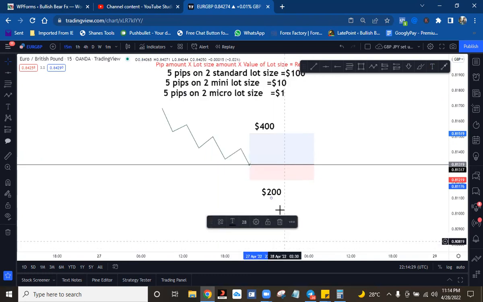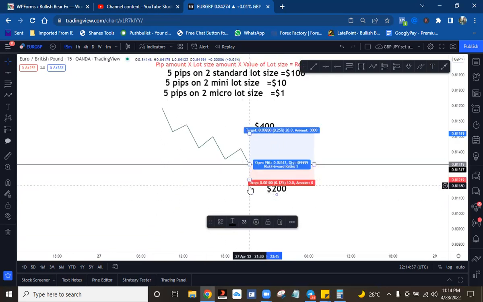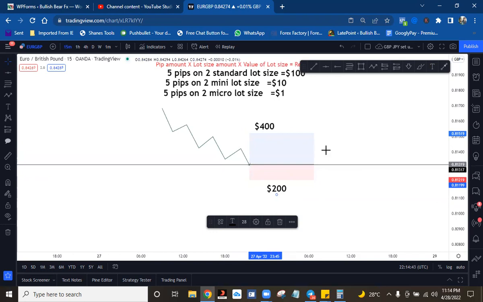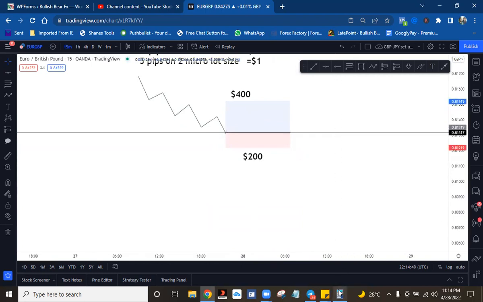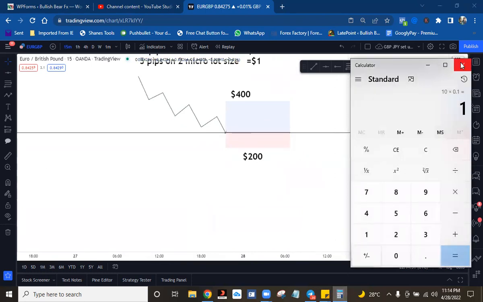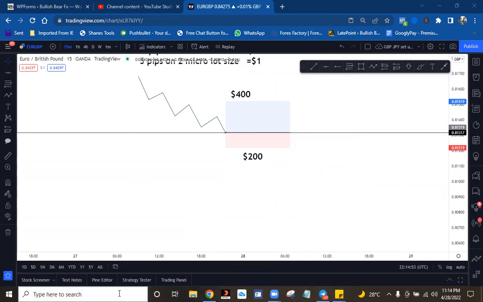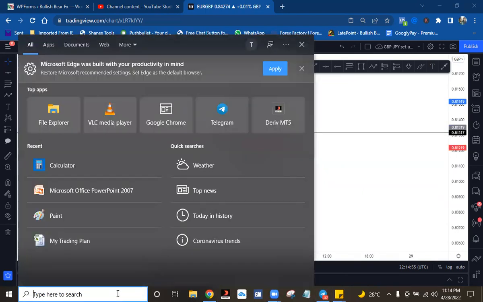Does everybody agree with this before we begin calculation? Somebody said yes. Any other person agrees with it? Okay, so let's calculate it and be sure. Remembering the formula, pip amount.